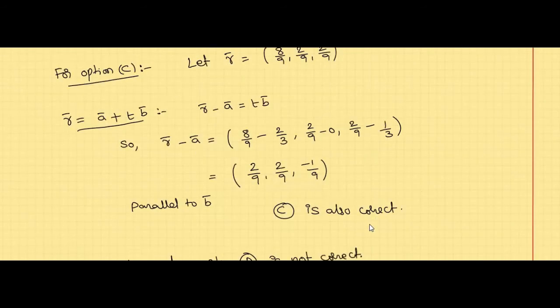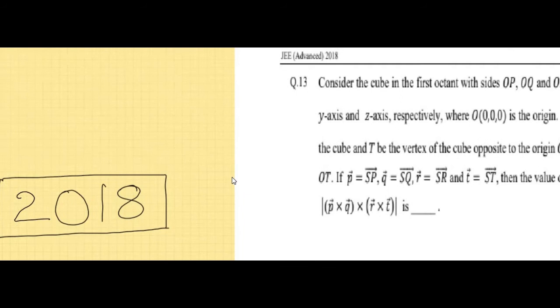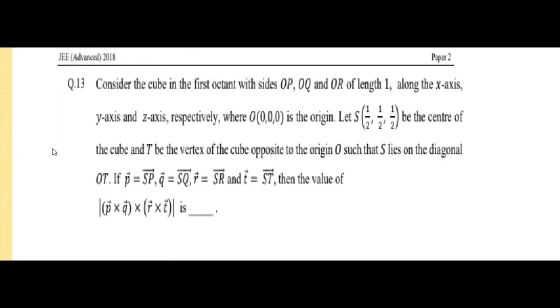So these are the 4 questions from 2019. Now let's move on to the 2018 questions. In 2018, this is a question on a cube with OP, OQ, OR of length 1 along the x-axis, y-axis, z-axis respectively.